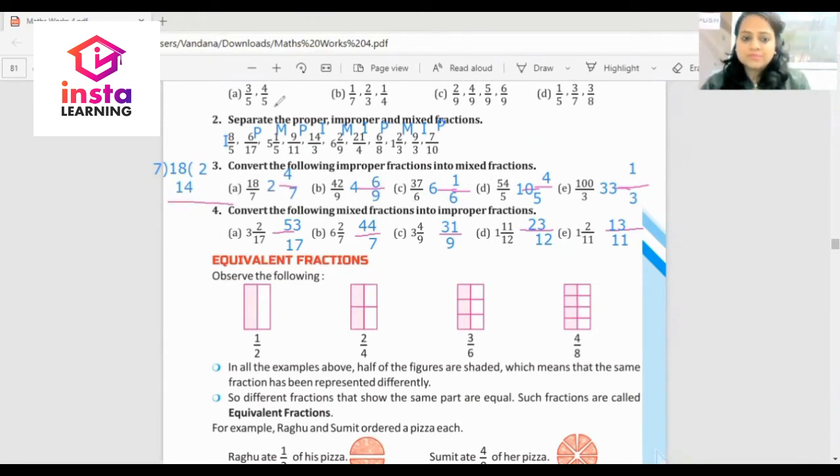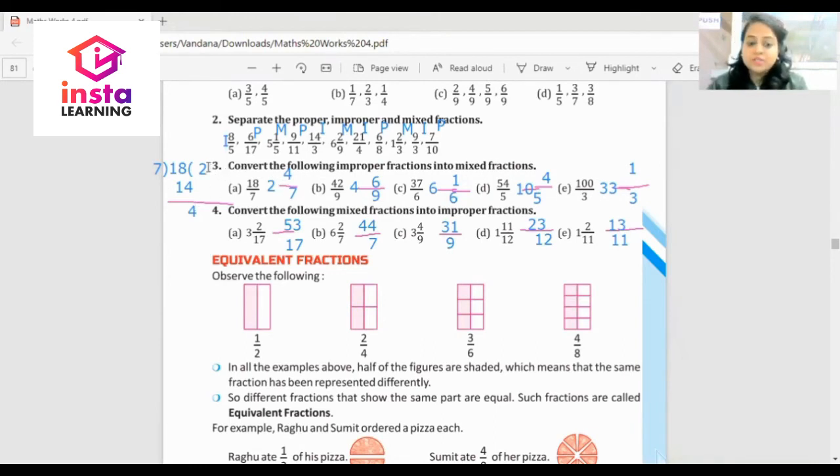So students, now it's very easy for you. You can see from here 2 is a whole number. It means the quotient is the whole number in the mixed fraction, and this 4 is your remainder, and this 7 is your divisor. Okay, got it? It's very easy.